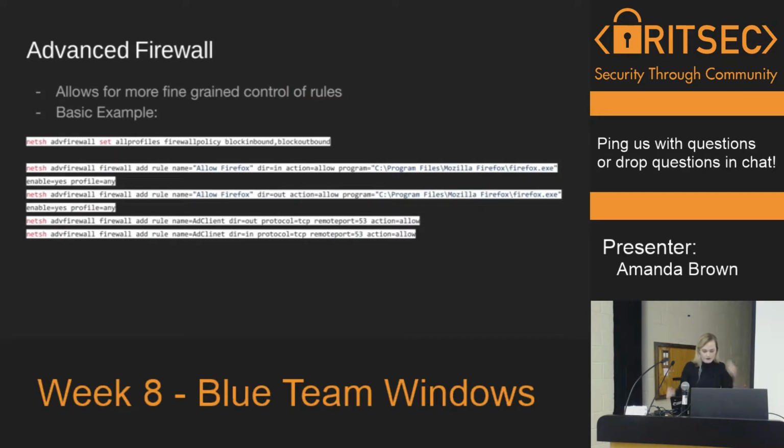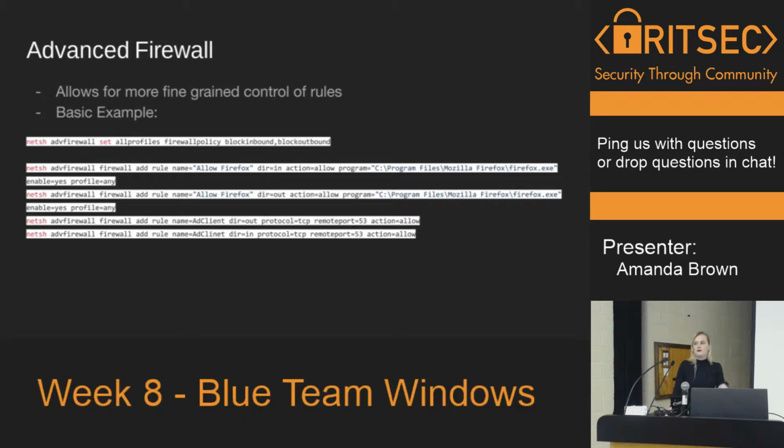The very first example is showing just a deny all policy for your machine for every profile. And then the next 2 examples are giving you a demonstration of how to create a rule for a program. So this is explaining that you're allowing Firefox in and out from your machine.